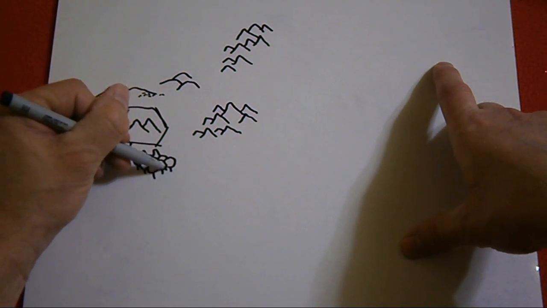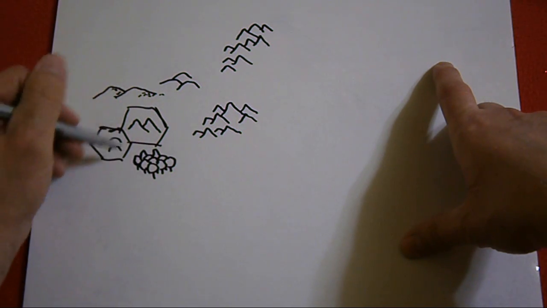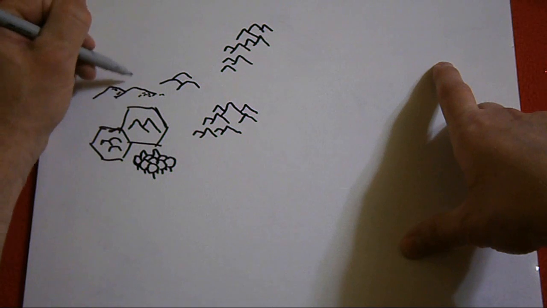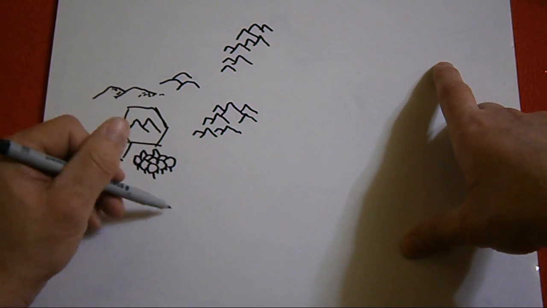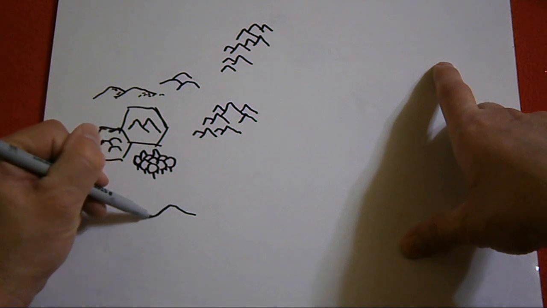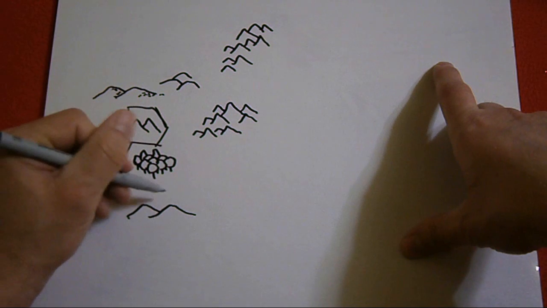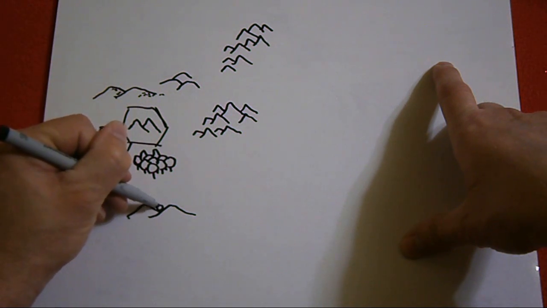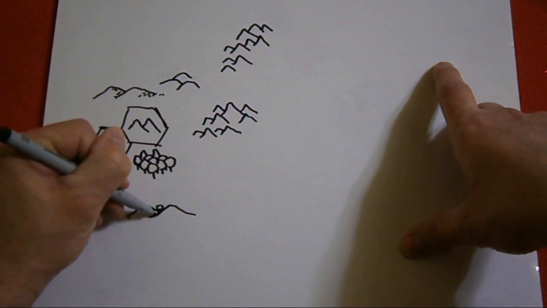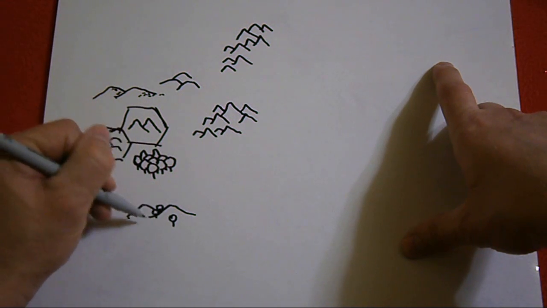Put the little tree trunks in later down below. You could do your hills in amongst them. Say we do some hills like this, and we could add some trees, of course, like so, that sort of thing.